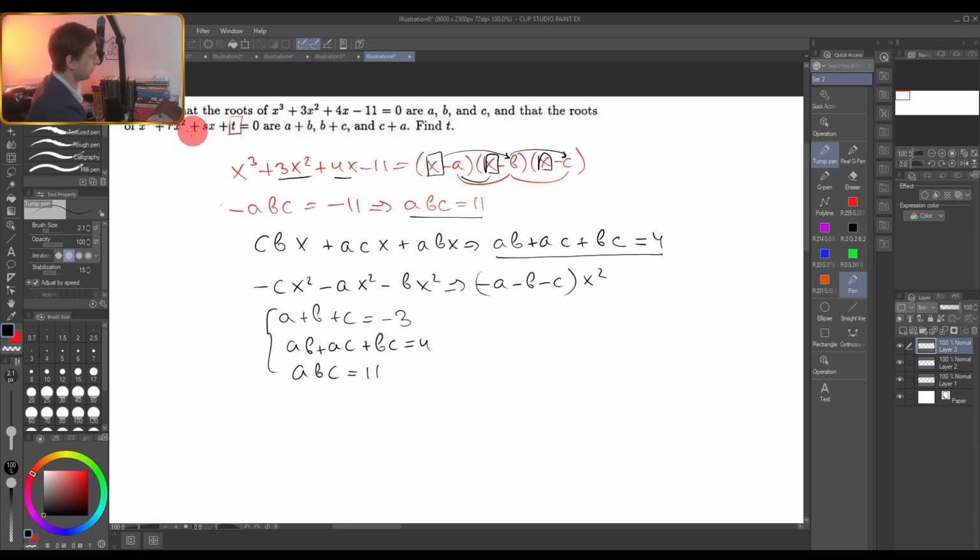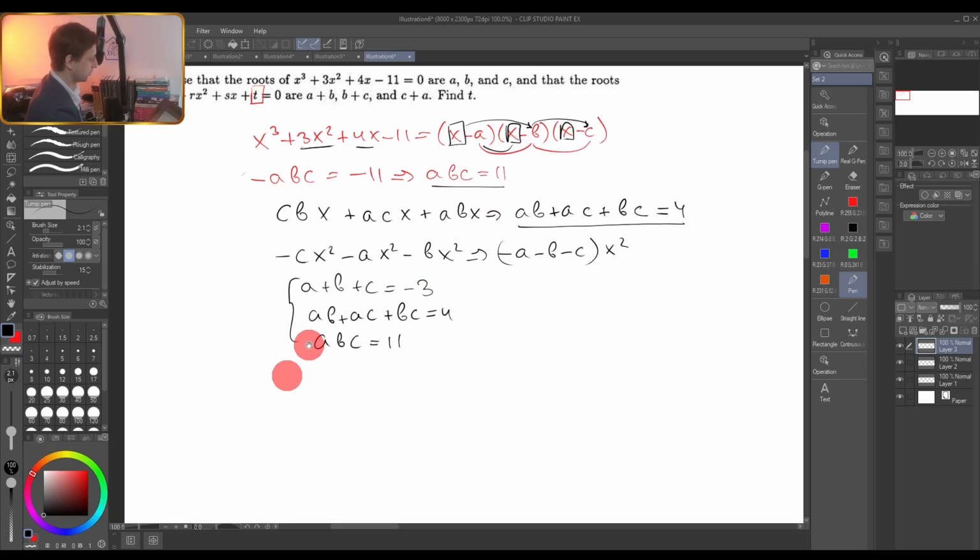So now we have this equation, and it has roots a plus b, b plus c, and c plus a. Well, let's use the same approach. If this equation has these roots, then it can be represented as a similar product. So in order for us to save time, we will just write it like this: x cubed plus t.